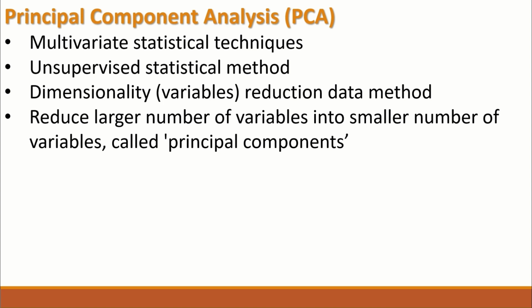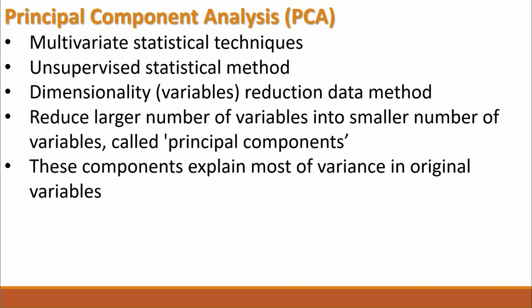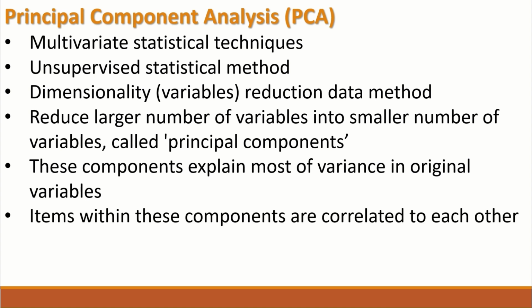So the objective of performing the PCA is to reduce the number of variables and arrange these variables into groups called principal components. These components explain most of the variance in the original variables or data. Items within these components, or variables or questions, are correlated.